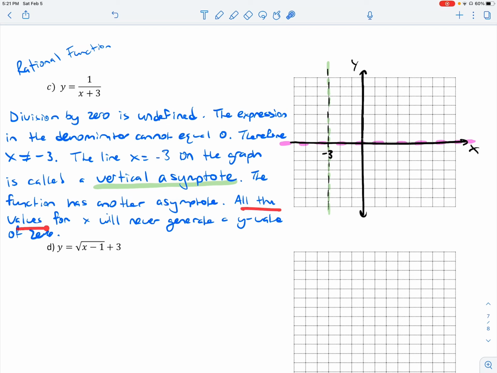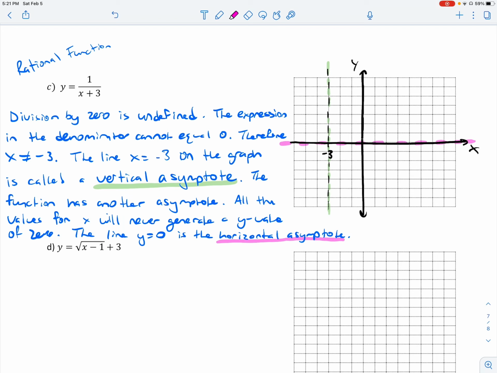All the values for x will never generate a y value of 0. Okay. So the line y equal to 0 is the horizontal asymptote. Okay, and I'm highlighting that in pink because it's the pink line on the graph.